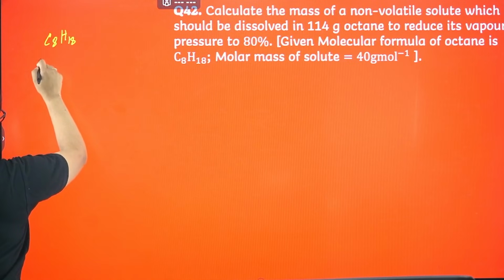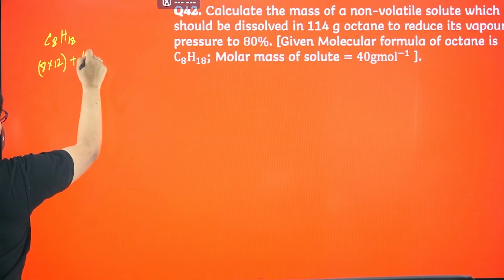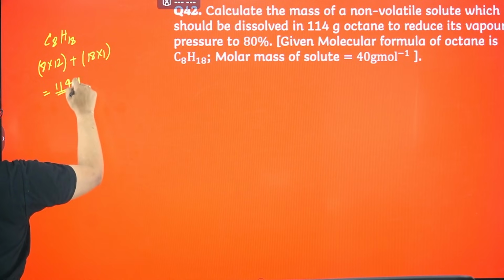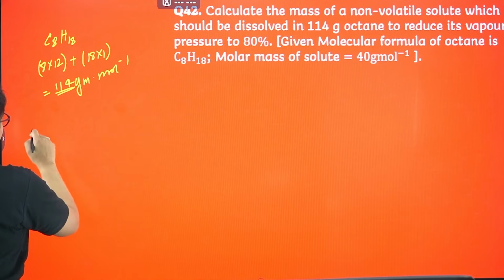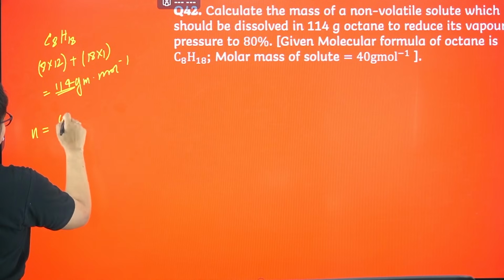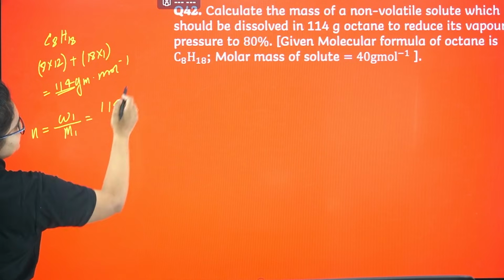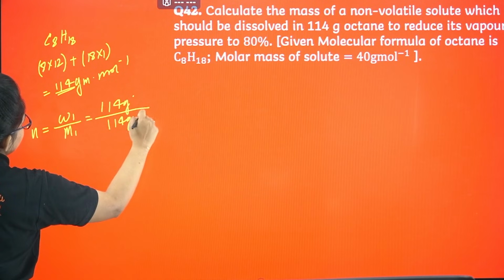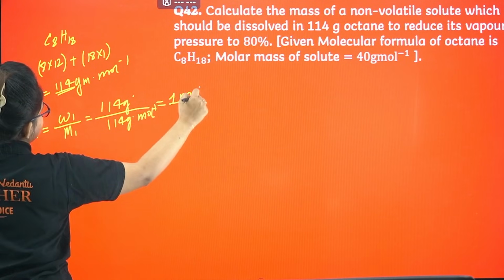So if I calculate 8 into 12 plus 18 into 1, I will get 114 gram per mole. That is the molecular weight. Next, number of moles: given weight by molecular weight. So 114 gram is given, divided by 114 gram per mole, so I am getting 1 mole, right?